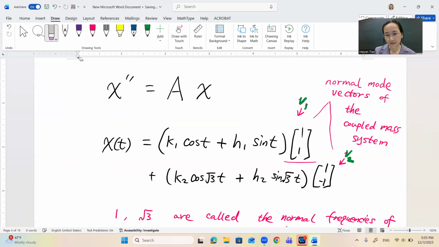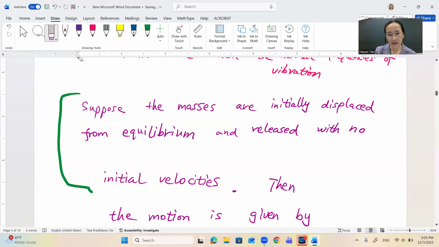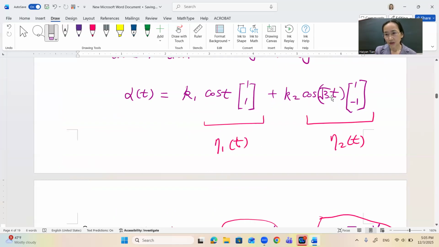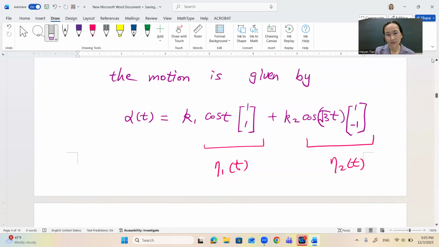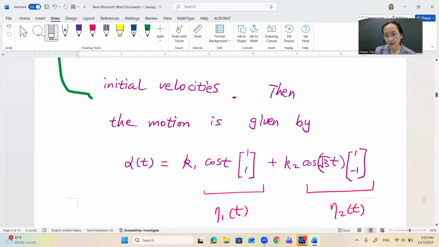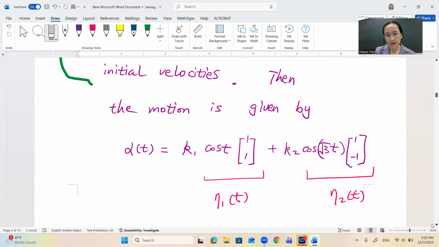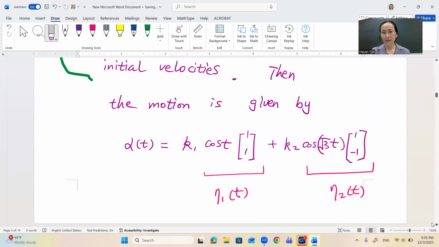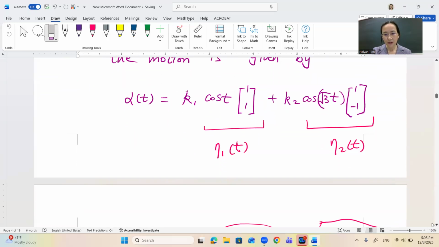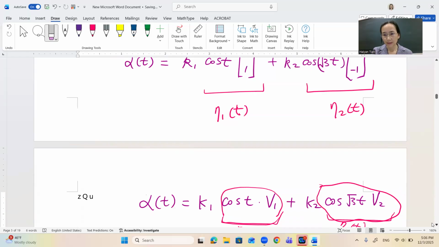So then we have the motion that is given by a superposition of these two eta 1 and eta 2 functions. Eta 1 is called a normal mode. Eta 2 is another normal mode.